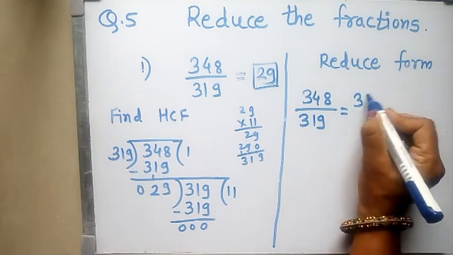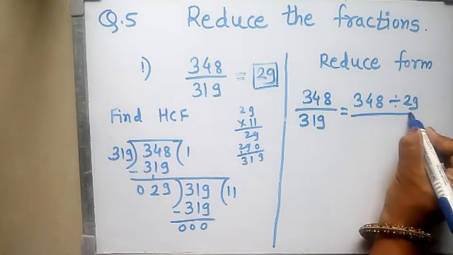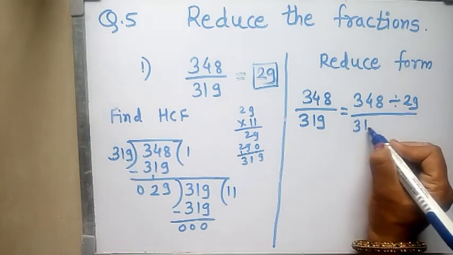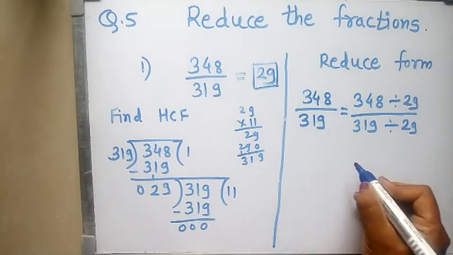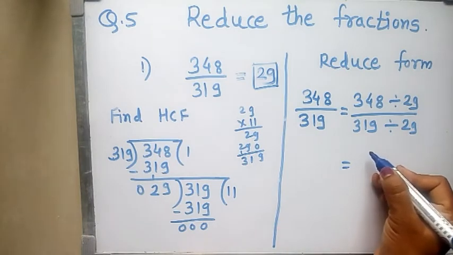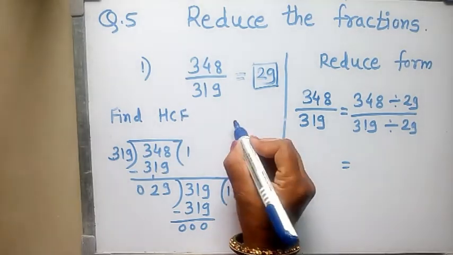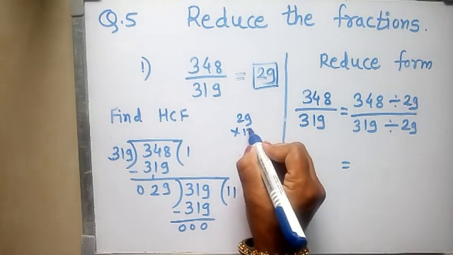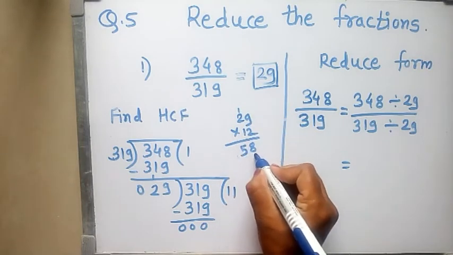Then reduce the form: 348 divided by 29, 319 divided by 29. Here I divided these two numbers by 29. 29 12s are 348.